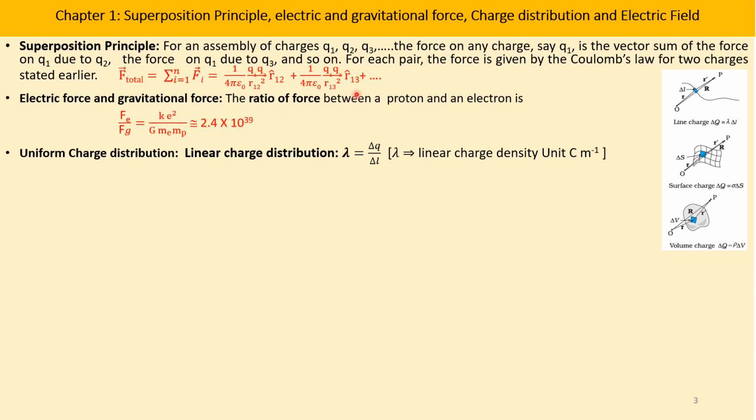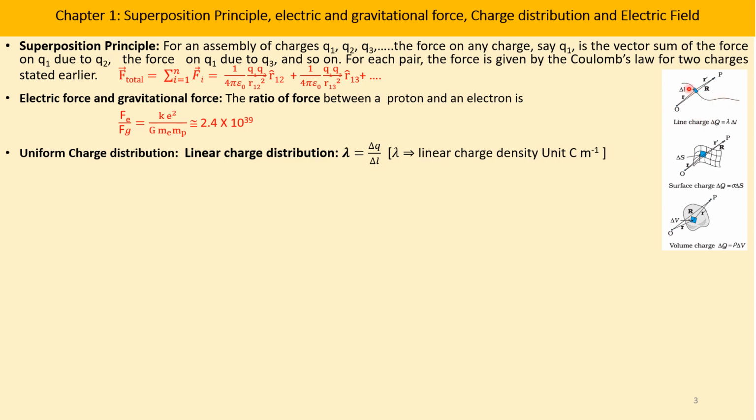Hitherto, we were considering two point charges. Point charges means Q1, Q2, etc. But in practical cases, charges are concentrated over a charge distribution, length, area, or a volume. When the charge is distributed over the length of a wire, it is called line charge, as shown in the figure above.